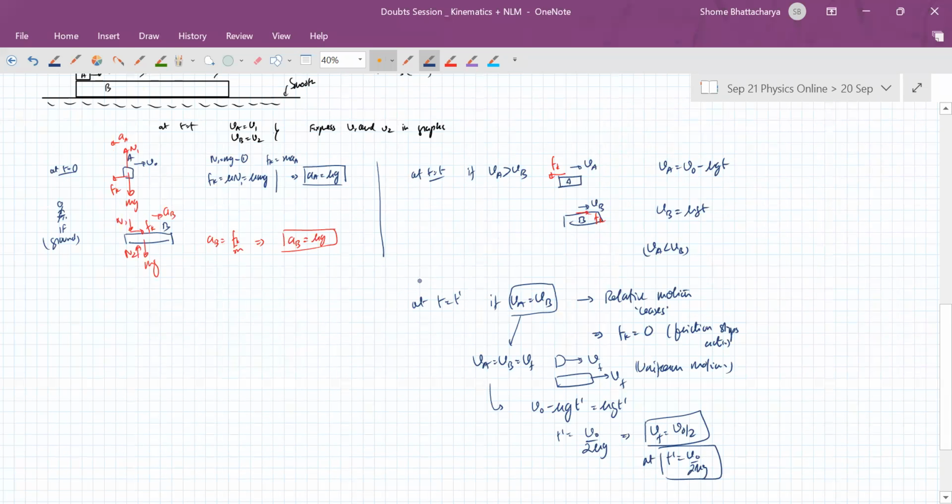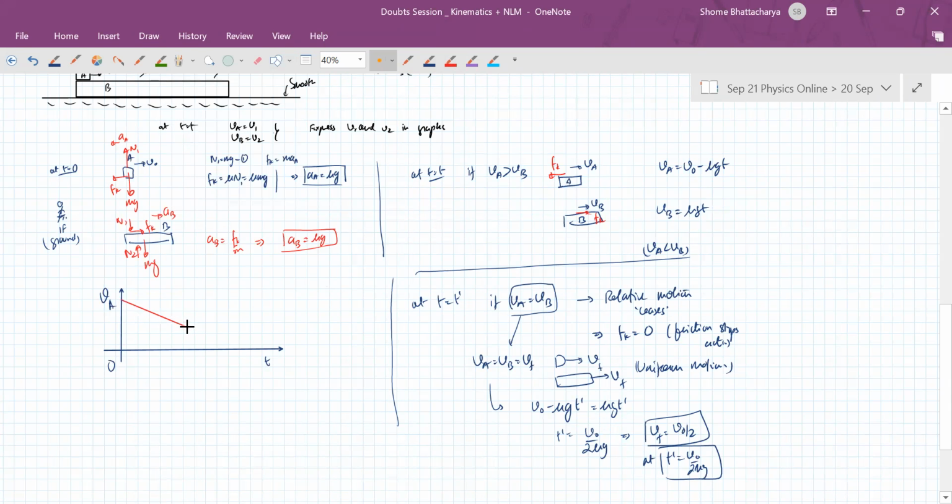This whole situation, we have to relate it to corresponding graphs. You can see that if you look at the graph of A's speed with respect to time, it decelerates for a certain amount of time and then becomes uniform.